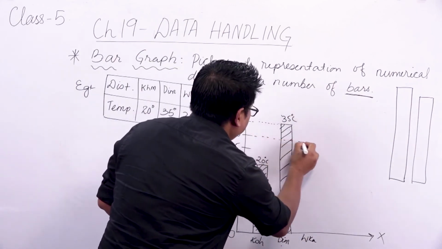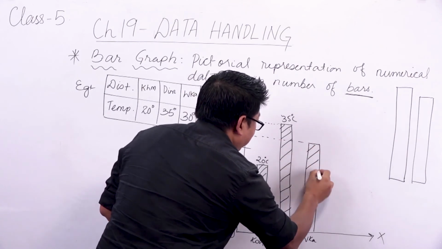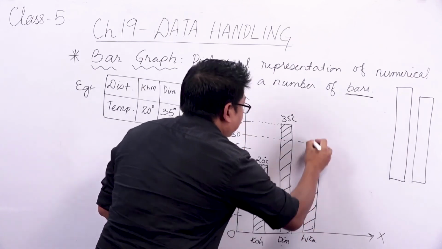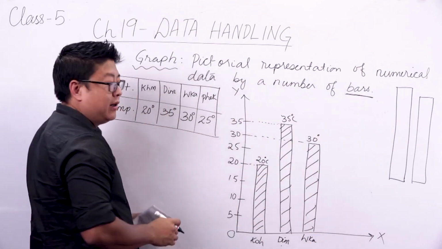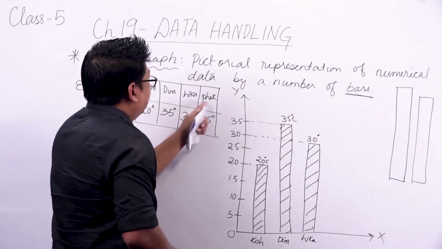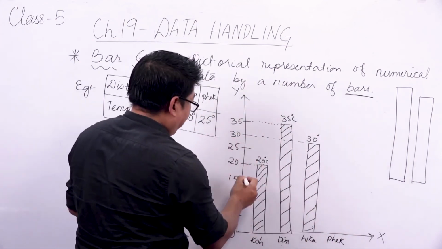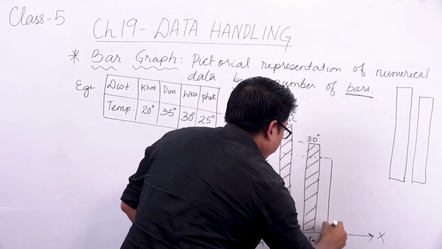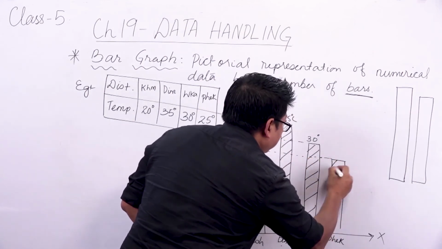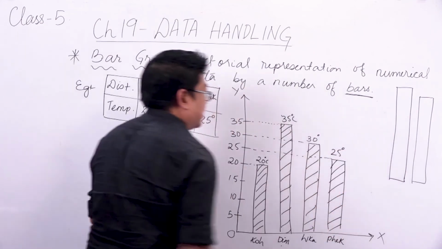So I can mark in this manner, all right? It is the same thing. You only have to identify which number and which place come together. Pek is 25. So we have 25 here. And we can draw a bar like this, mark it as 25 degrees.